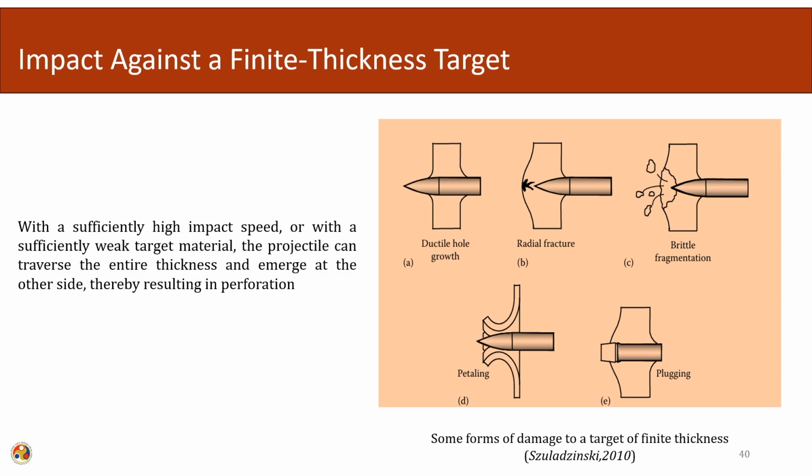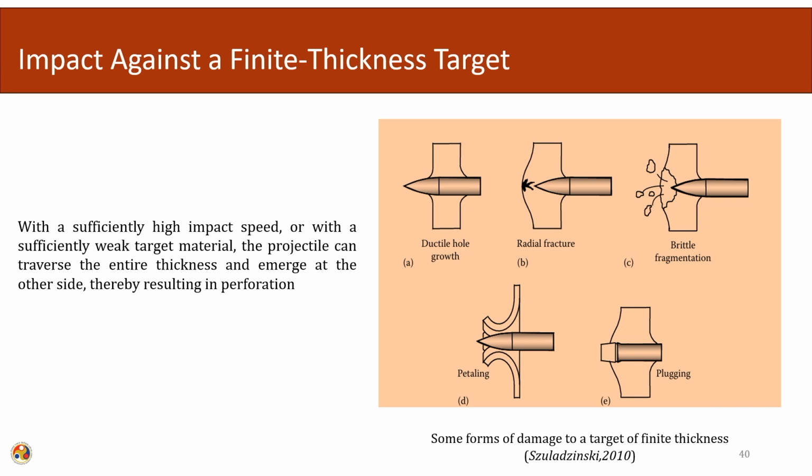So, yesterday we talked about impact against a finite thickness target, and we looked into the perforation phenomena. Perforation depends upon the interaction between the impactor and the impacted body.